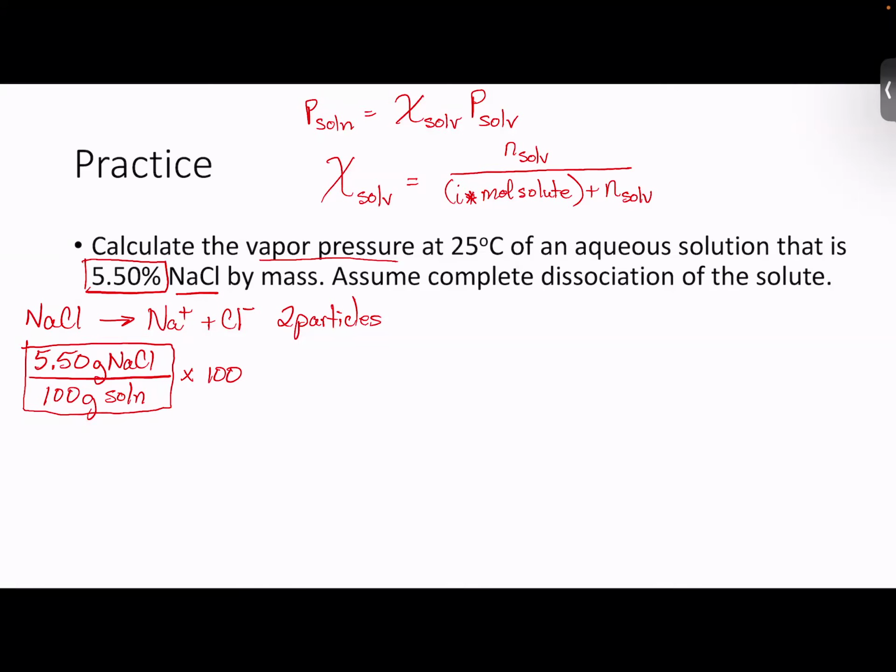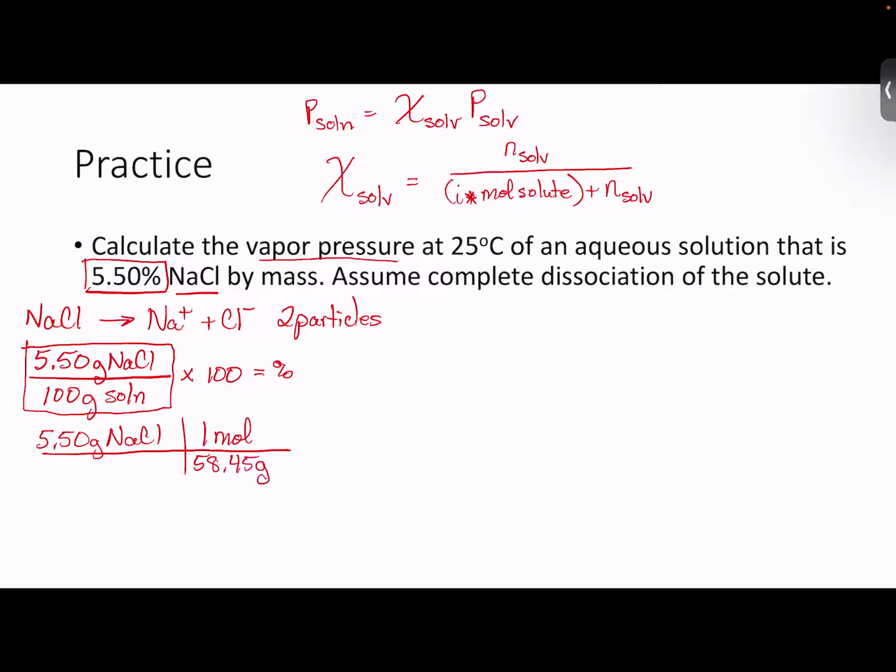Because we can simply look at what's to the left of the equation. And what I see is I have 5.50 grams of sodium chloride, which I can get rid of using the molar mass.